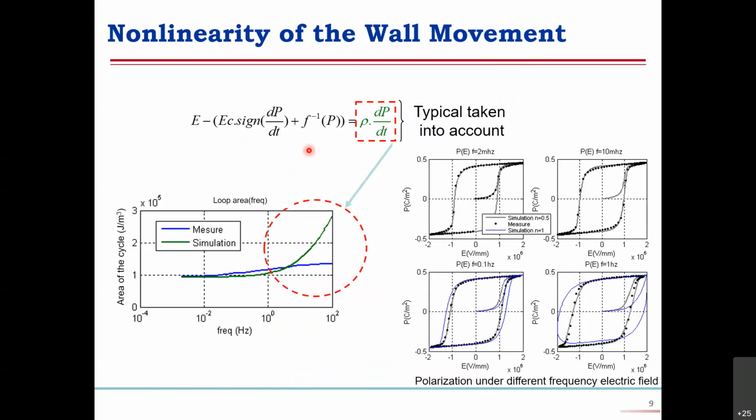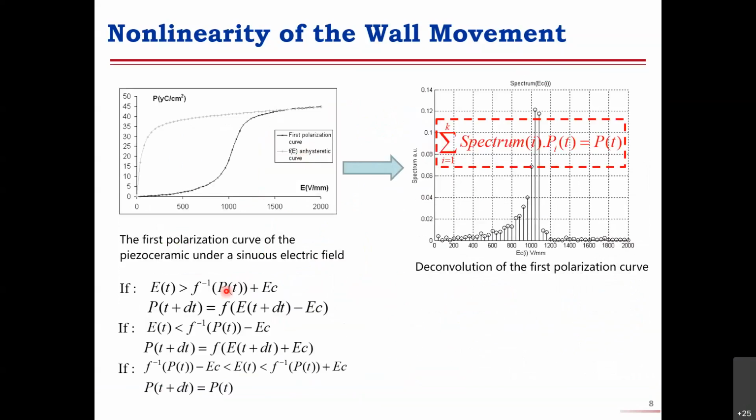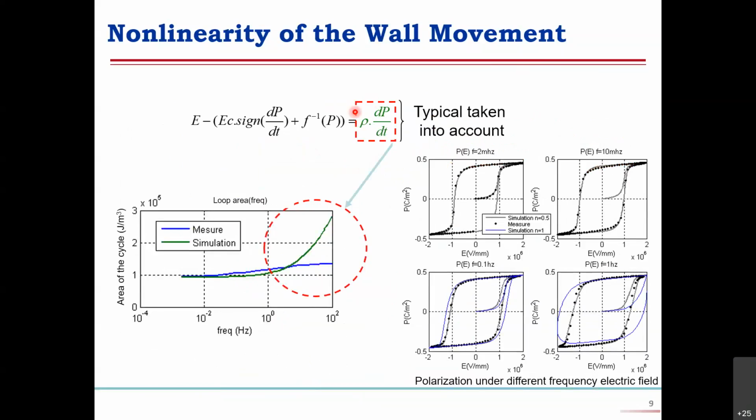Usually, that model is a very static model. Usually, we are applying a dynamic electric field to this piezoceramic. To take the dynamic contribution, we usually use an integer derivative here. However, when the frequency gets higher, this integer derivative always overestimates the loop area, so it's not suitable for dynamic contribution.